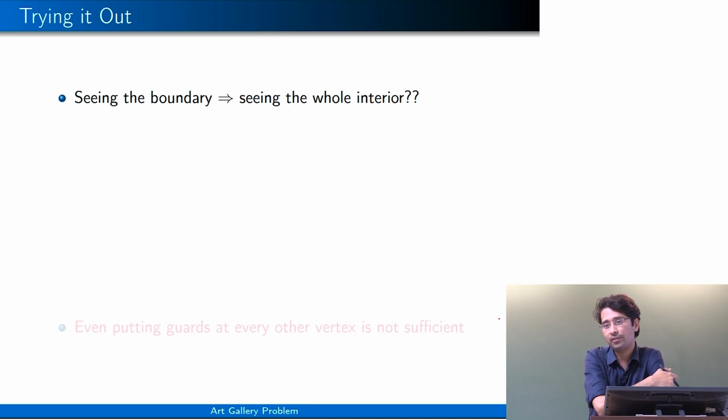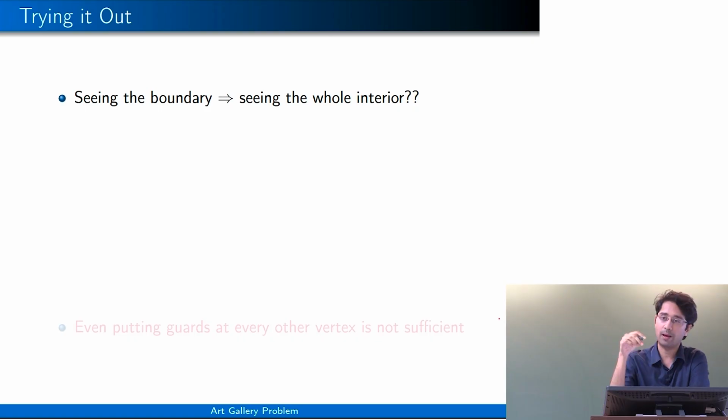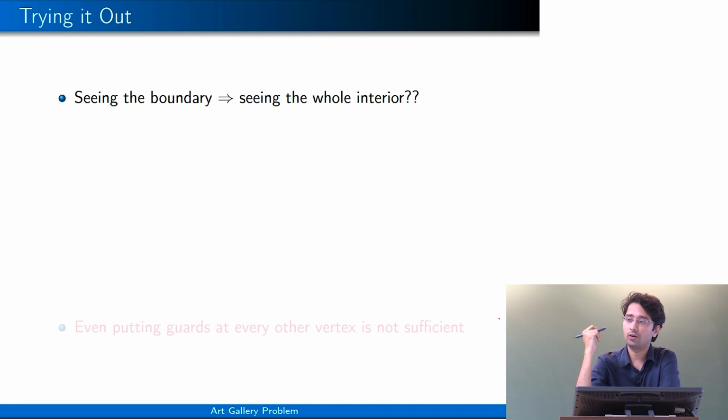Can we claim that if I see the whole boundary of a polygon, I will definitely see every point in the interior? My question is, I am trying to make the problem easier. If I am guarding the whole boundary, then am I guarding the whole polygon, the interior?